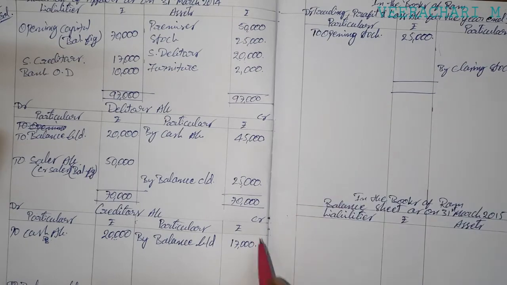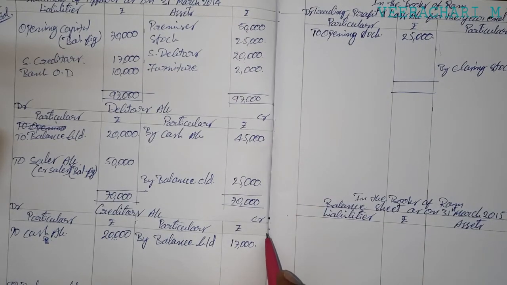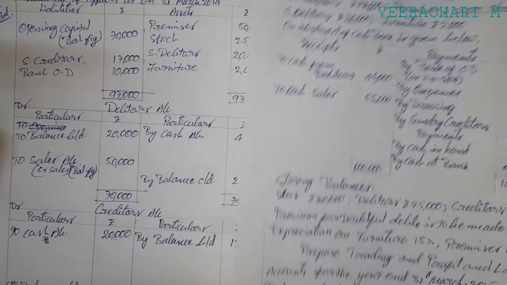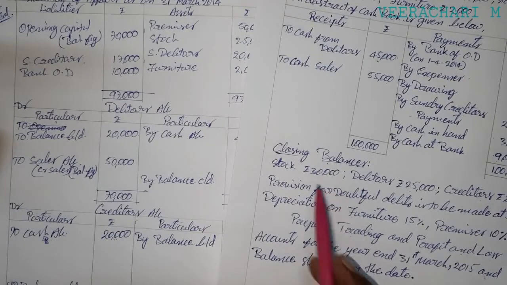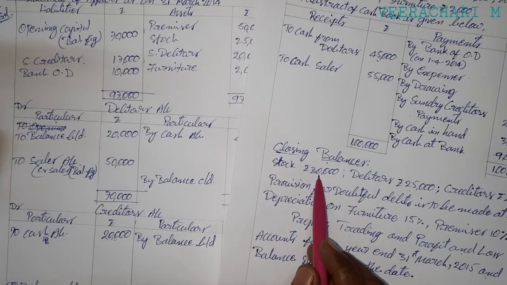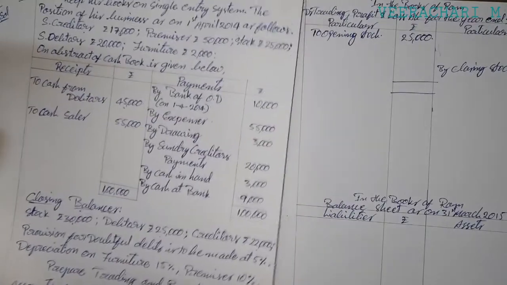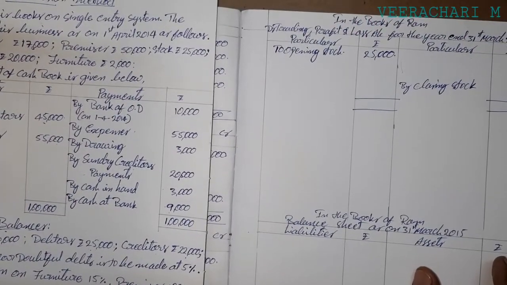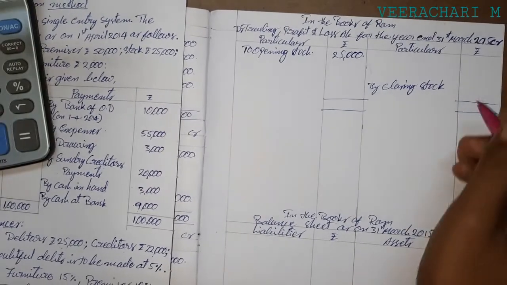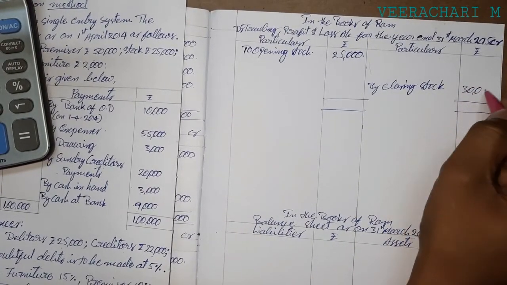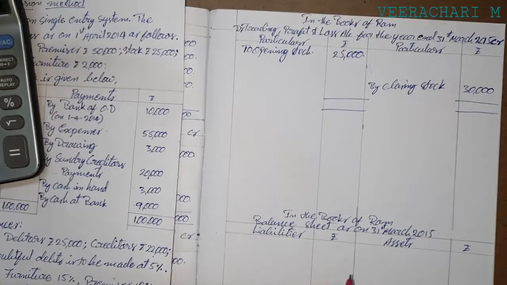Closing stock is there in the question, under closing balances, it is 30,000. Now you can credit 30,000 in the trading and profit and loss account. This is in the trading account.